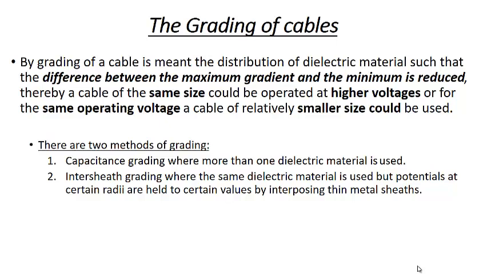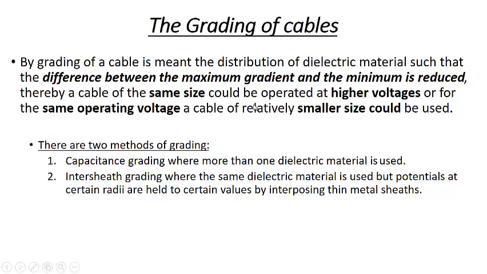There we try to make uniform voltage distribution across the insulators. Here again we try to make uniform voltage distribution all along the dielectric. By grading of cables, we mean that the distribution of dielectric material should be such that the difference between the maximum gradient and the minimum gradient is reduced.